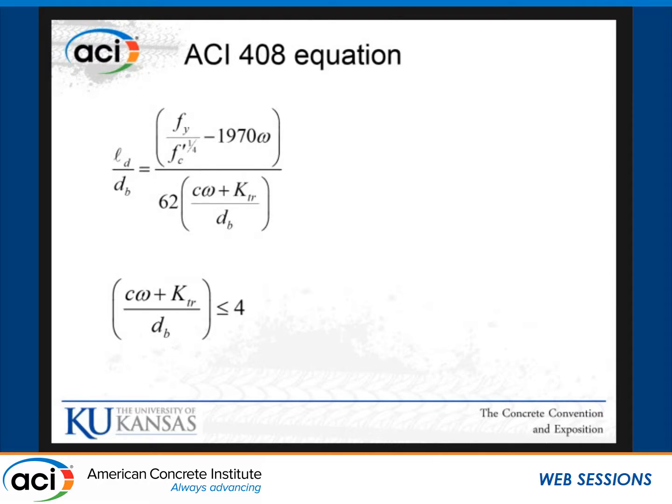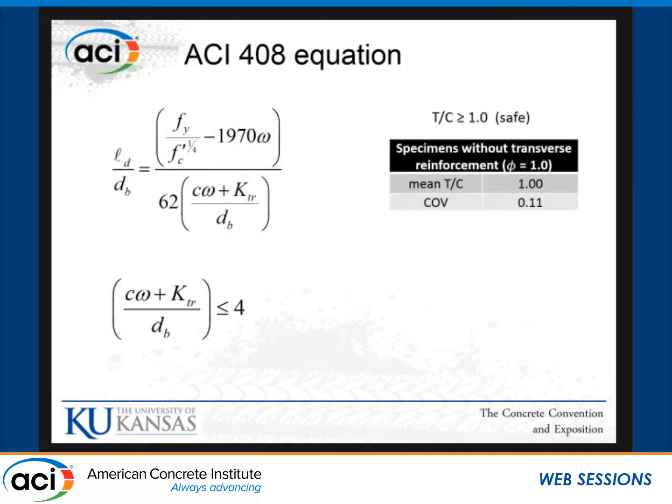Also, the development length is not linearly proportional to the yield strength of the bar. That's telling us that if we double the yield strength, we will need more than double the development length.